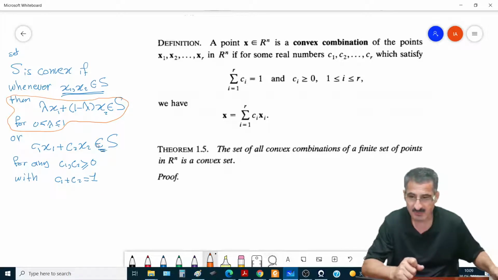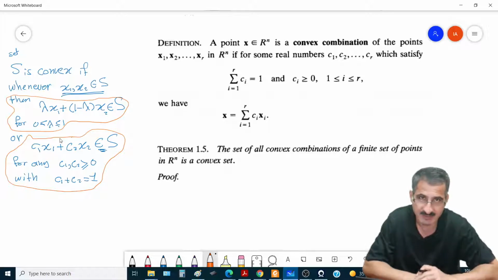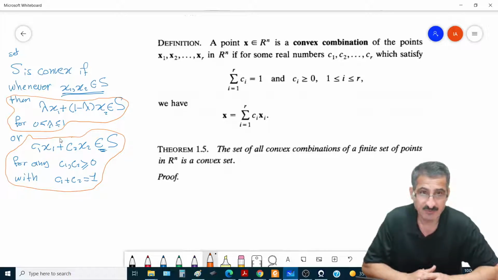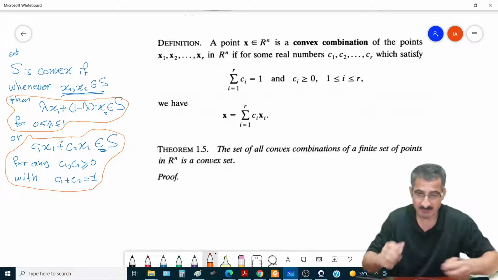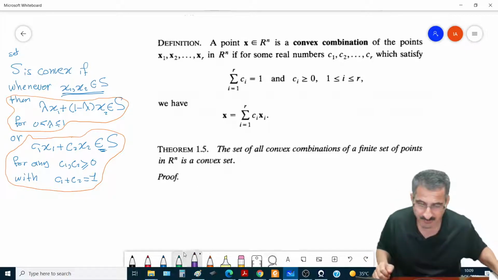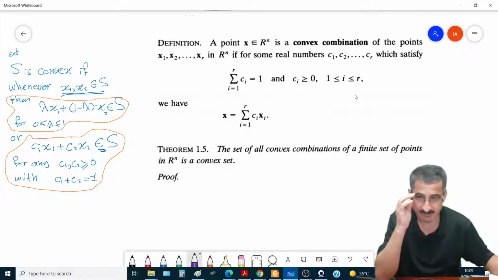So this or that is the definition of a convex set. Okay, good. Now the following definition will tell us the following.